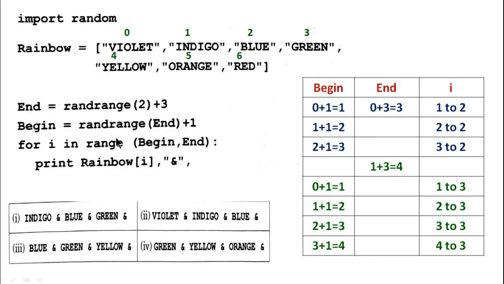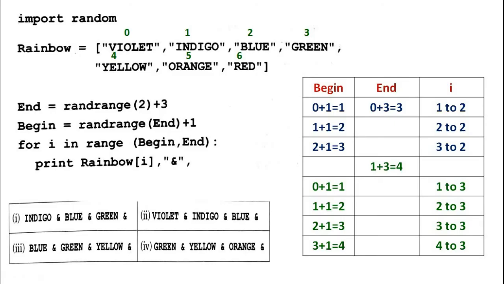Okay. Then next is when the value of end is 4. That is randrange of 4. What are the possible values? 0, 1, 2 or 3. From 0 to 3. So that values plus 1 you will get 1, 2, 3 or 4. So what are the possible values for begin? 1, 2, 3 or 4.